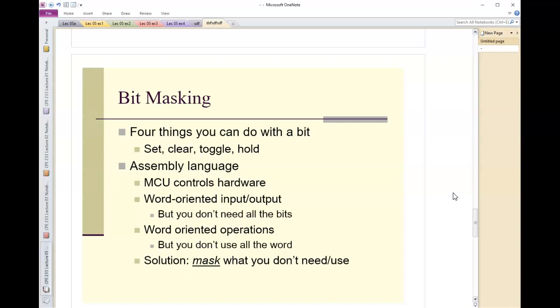So anyway, I have to use tricks to get at the bits that I am interested in. And so it's really straightforward. But once again, the reason I have to do this is because microcontrollers typically do operations on big chunks of data, and I have to live with that. The way I get at little pieces of data is to mask what I don't want.